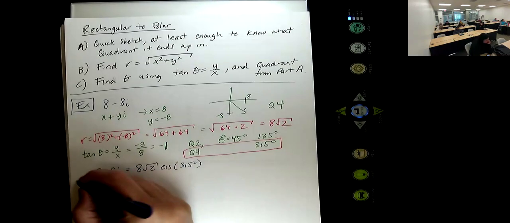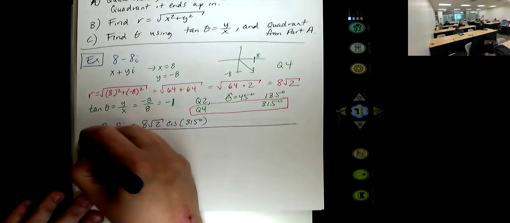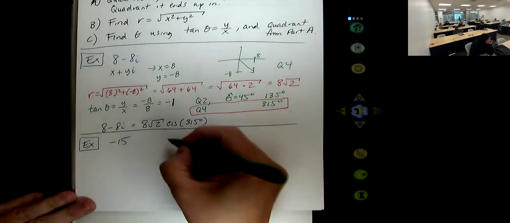Take a look at another one. -15. That's it. If I wanted to see the i, what would I put? 0i, right?